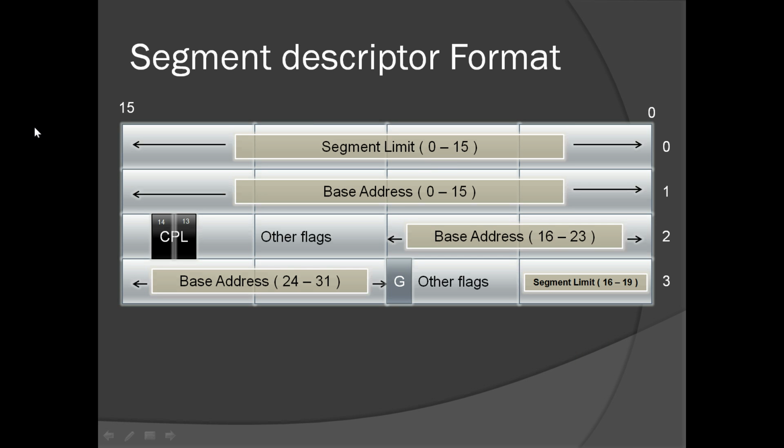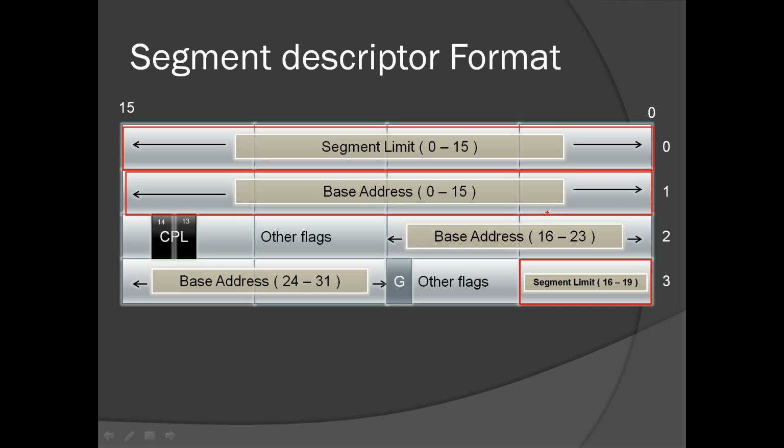So this is the view of the 8-byte segment descriptor. The first 16 bits of the segment descriptor are the first part of the segment limit. The second part of the segment limit is here. Now comes the base address. The first part is the second 2 bytes, then here is the next byte, and here is the next byte.